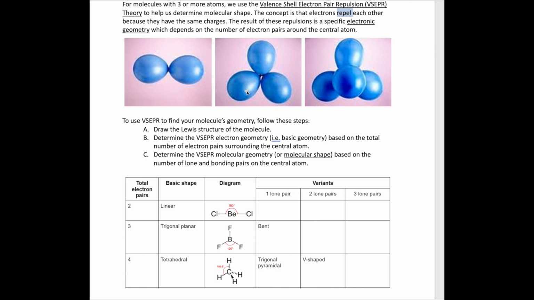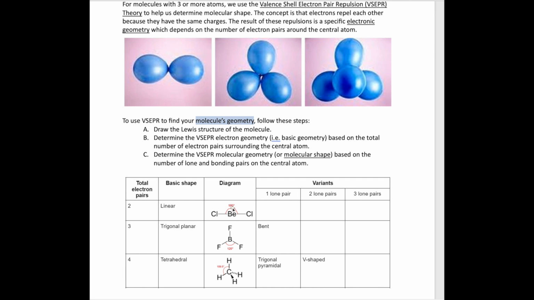So it depends on how many electrons you have around the central atom. What we're interested in is not the electronic geometry, but the molecular geometry or molecular shape. That is the actual shape of the molecule. Well, what's the difference? Turns out that not all the electrons you have around the central atom are used for bonding, as you saw when we did the Lewis structure portion of lecture.